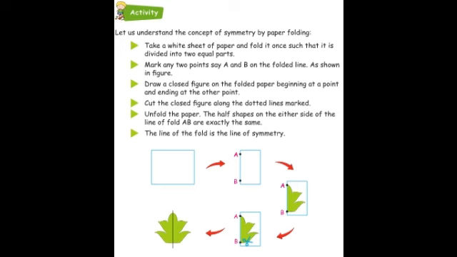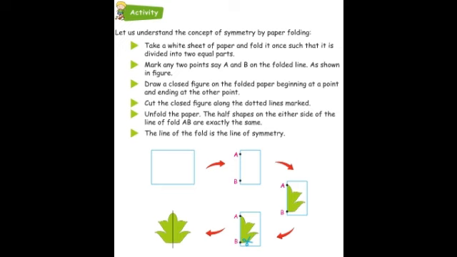And one more activity is given on page number 4. You must take a paper and fold it vertically into exact halves. Only one fold. Whatever object you need, you can draw it on the folded side alone, and you can cut it along the drawing.